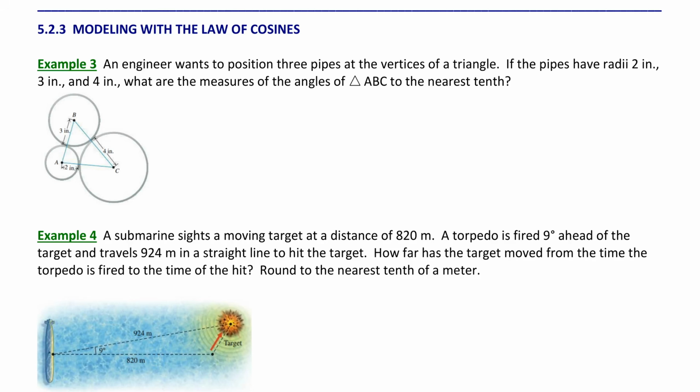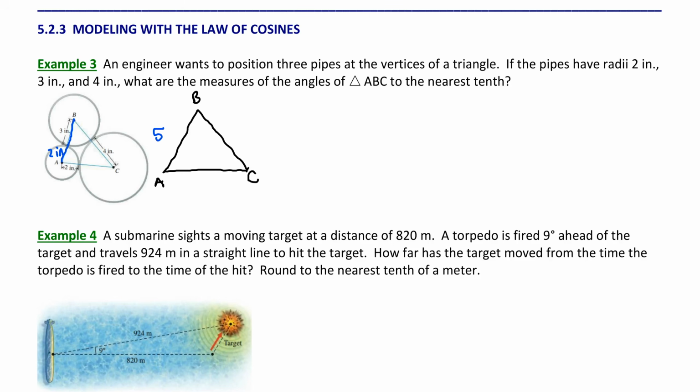But this boils down to a simple problem of solving a triangle. In order to find the angles of the triangle, we need to know the lengths of all 3 sides. Noticing from the diagram that each side is the sum of 2 different radii, we can determine the length of side AB by summing 3 inches for this radius plus 2 inches for this radius.